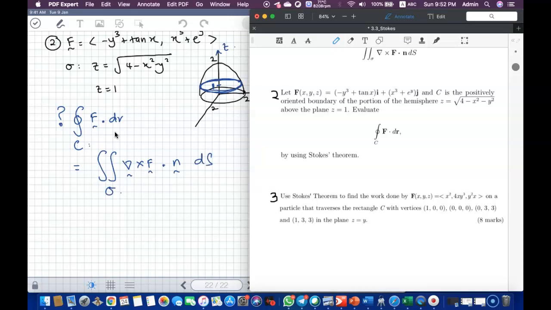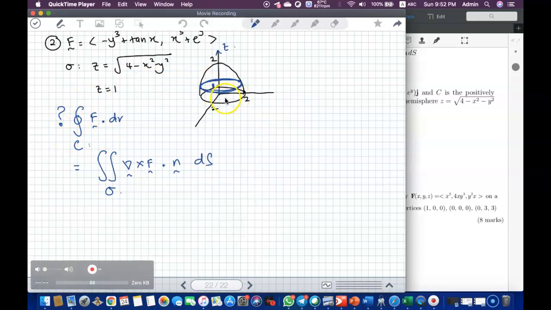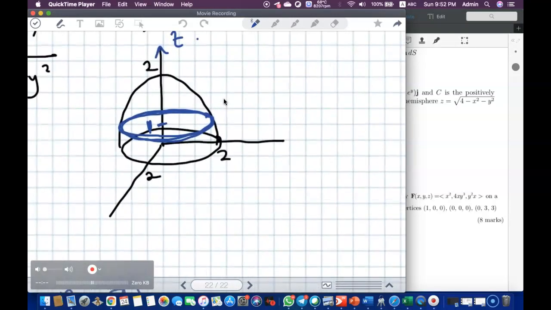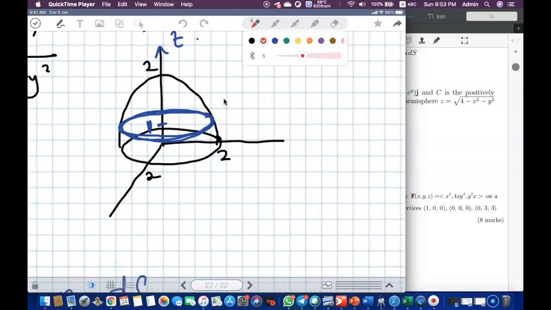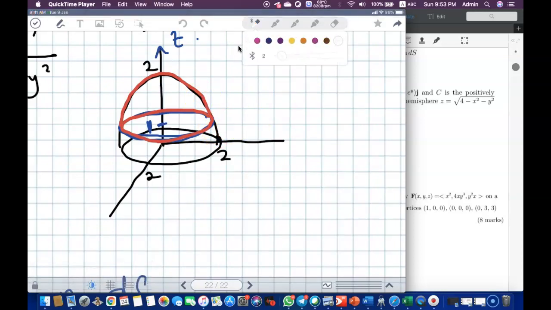In this case, which one will be your surface? Your surface here is only this one, and this is your boundary. So you can erase the other part, this is not your region anymore.